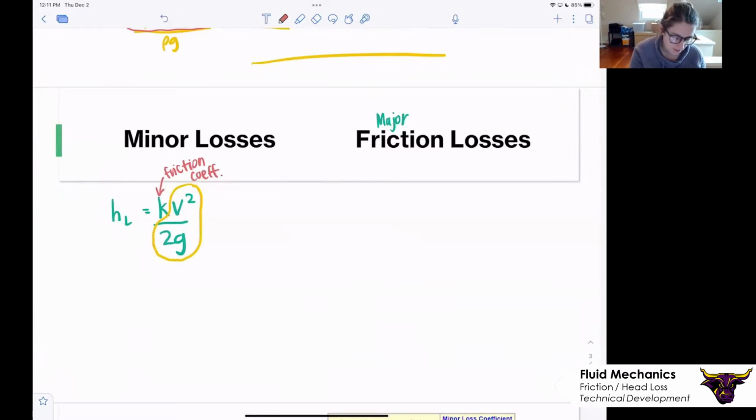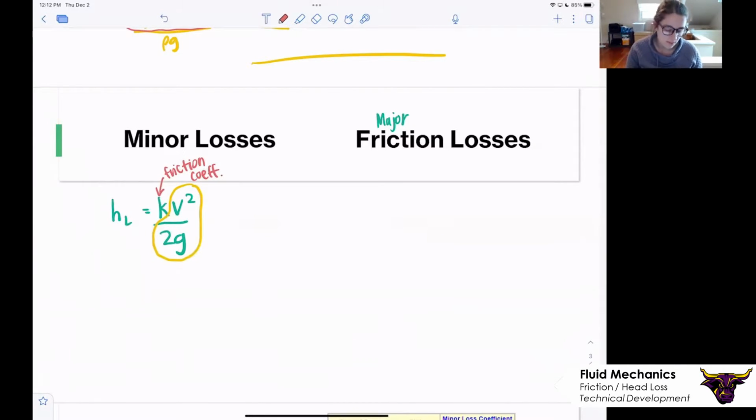Like if I have 1 times this V squared over 2g, which is a velocity head, this friction coefficient is causing us to lose 1 velocity head because of whatever friction is in the system. Maybe it's something that's less, it's only 0.2. So we're only losing 0.2 or 20% of a velocity head. Maybe it's something bigger, maybe K is equal to 100. We're losing 100 velocity heads. So 100 times that velocity head equation is our head loss.